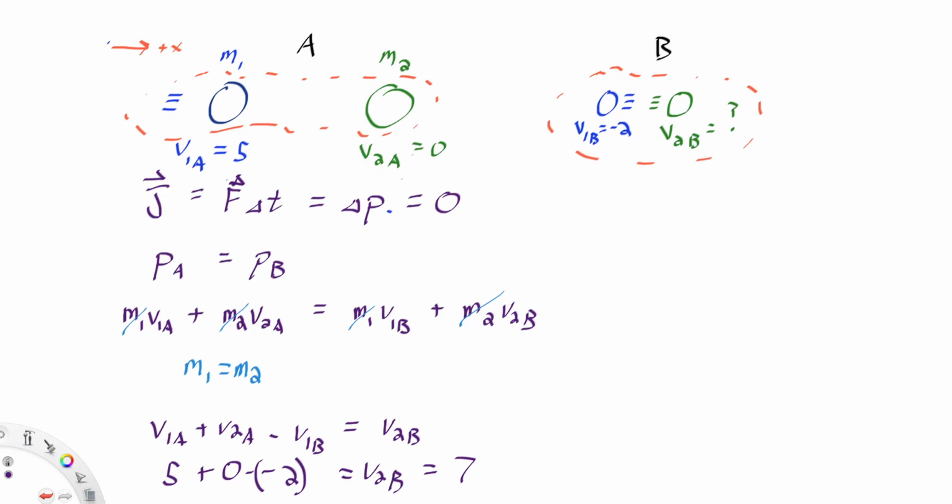Okay, I have a quick question. Would the answer be different if M1 and M2 were not equal? Yeah, for sure. If they were not equal, then we just wouldn't cancel out those m's.